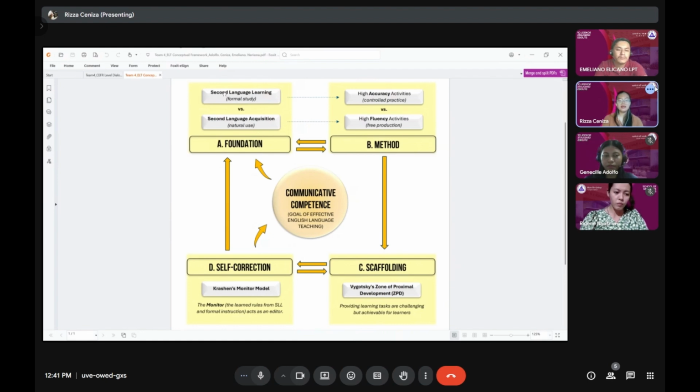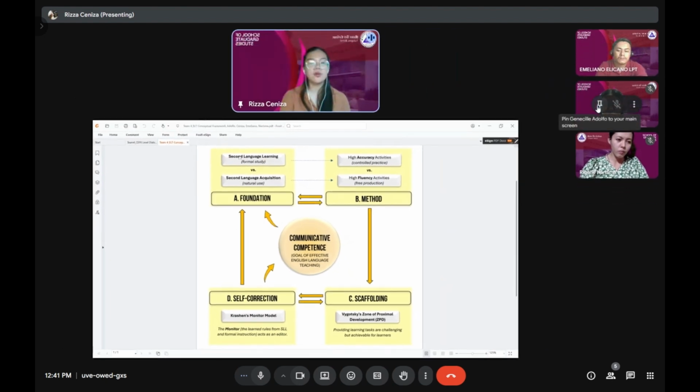SLL is a conscious process, often through formal study like grammar drills or vocabulary lists. SLA, on the other hand, is the subconscious, natural process driven by meaningful real life use and interaction. A strong foundation acknowledges that both are necessary for a complete learner.